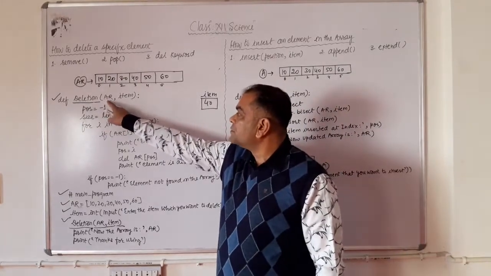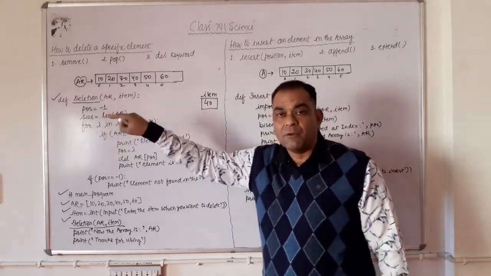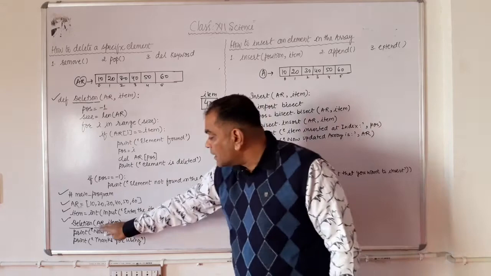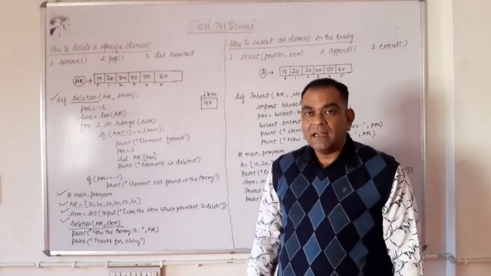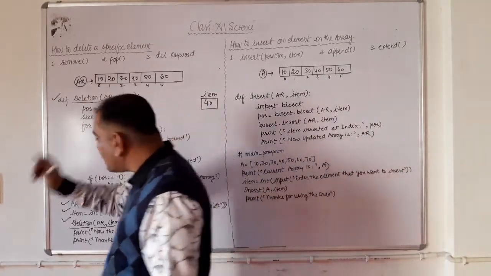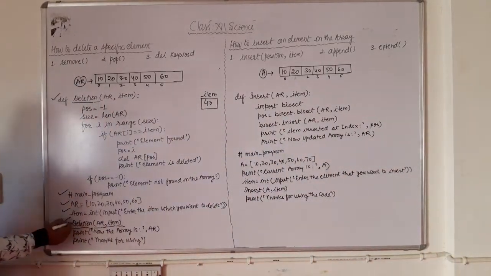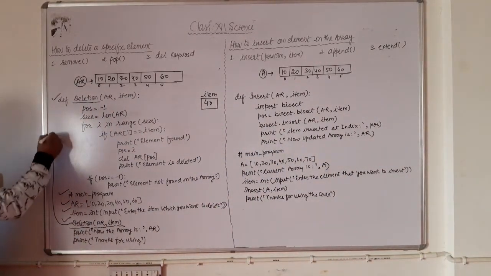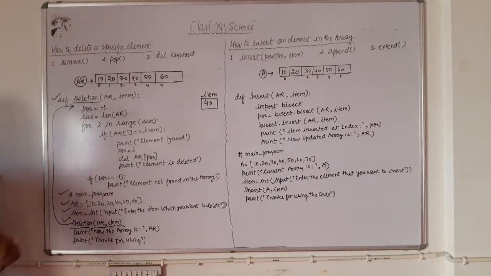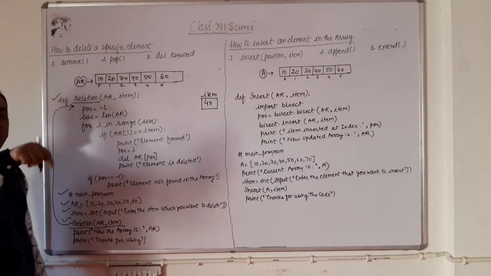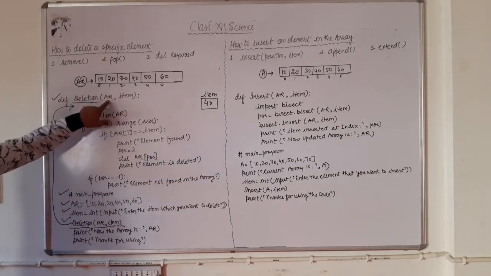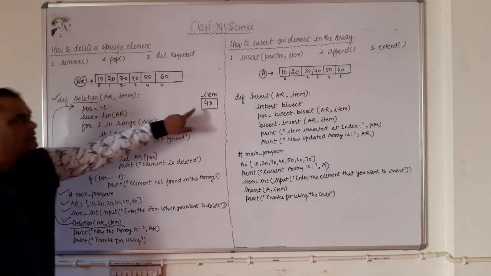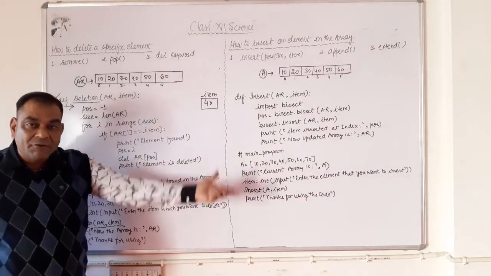Here, the deletion function requires two different arguments, and in the calling you also supply two different arguments. Right? It means it is a proper function call, and your computer is going to jump directly from here to here, and now your computer has entered the specific function. AR item, what is AR? AR is the array, and item means the specific value that you want to delete from the array.